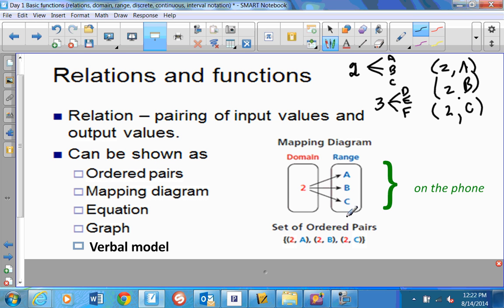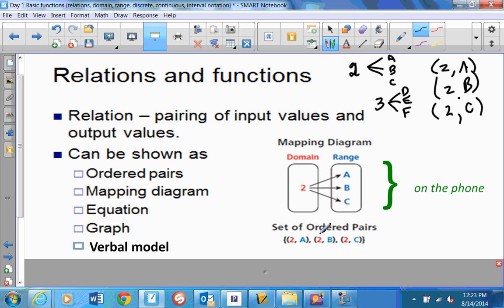You draw a shape, put the 2 in there, which is your domain, all your X's. Your range goes in another little shape, and then you draw arrows to the pairings. So here's the set of ordered pairs that would come out of that: 2A, 2B, 2C.